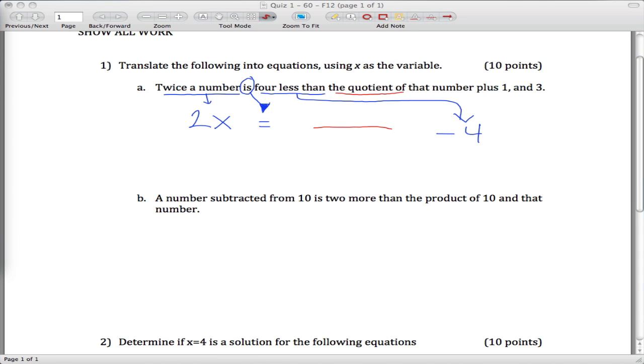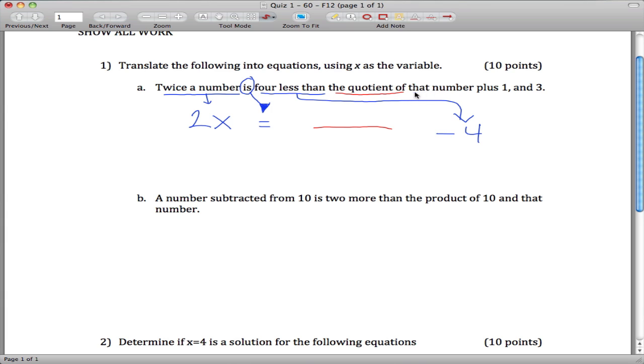That number plus 1 means I've got x, which is the variable, plus 1, and 3 is this 3 down here. So the quotient of, the first thing goes on top, the second one goes on the bottom. So our final equation is 2x equals x plus 1 over 3 minus 4.